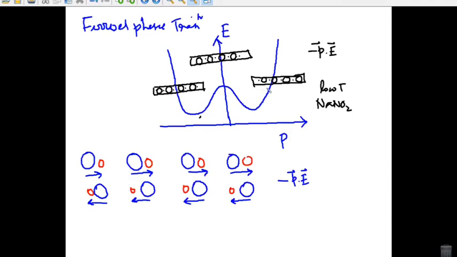So the microscopic theory of how this happens will be different from material to material, but the macroscopic properties of the phase transition will be similar across many different classes of materials.